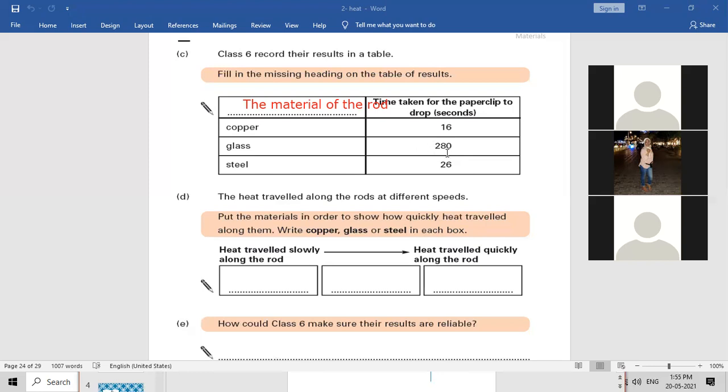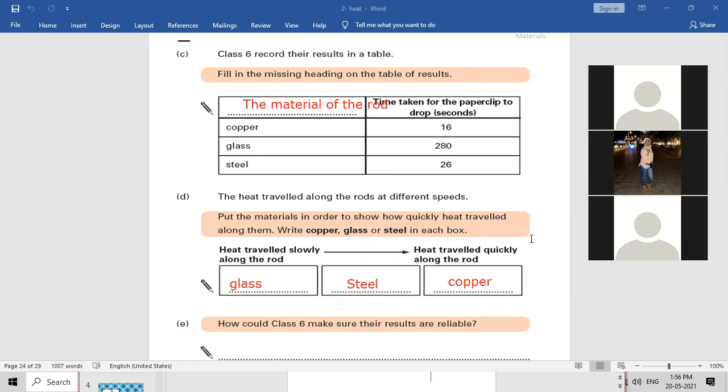Glass took 280 seconds for the paper clip to drop. This means that it took a long time, so the heat traveled through the glass very slowly. Do you understand, guys? Glass, then steel, then copper. Excellent. Very good.